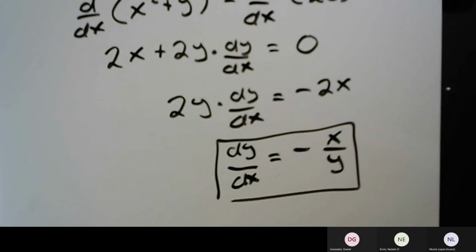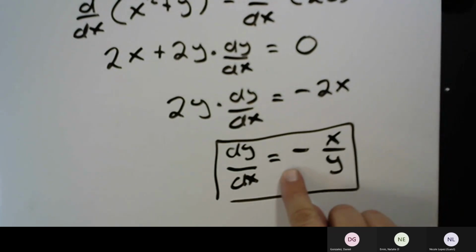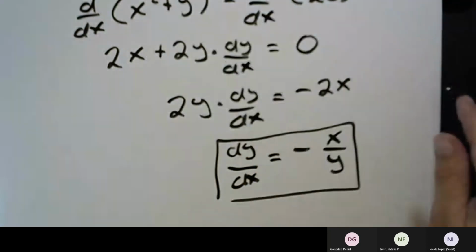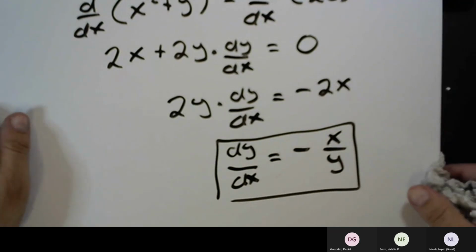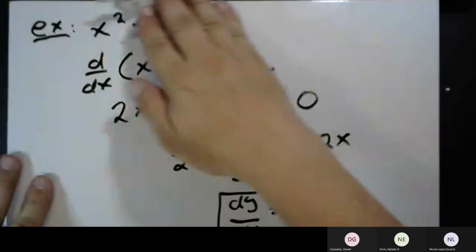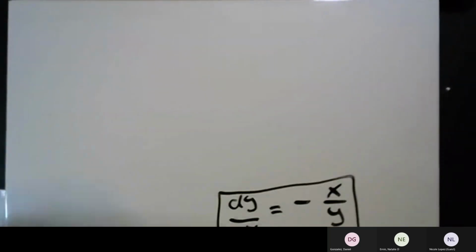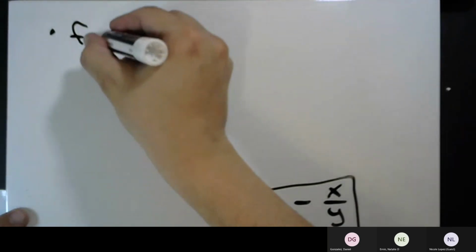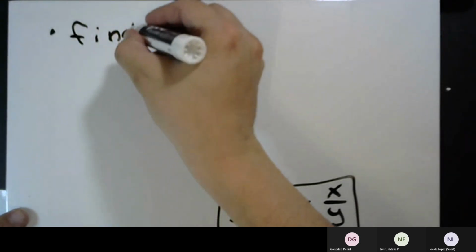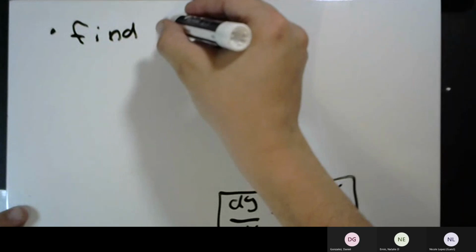Now, a question we might be asked is this. Take a point that's on this curve, this x squared plus y squared, and find the slope at that point. So to do that, then let's take it a step further.